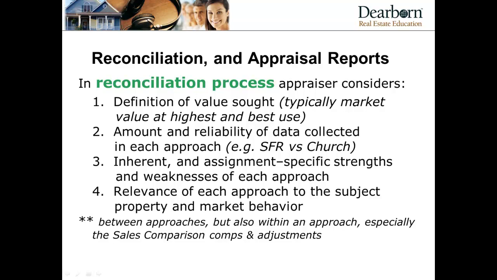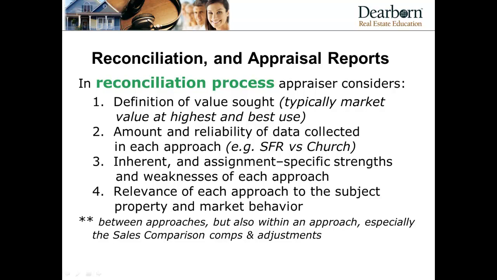A church or a special purpose property would be a different situation, where you typically wouldn't find a large number of recent comparable sales, but you could approach it as if the church was being built today, looking at what would be the value of the land in that location, and then what would be the value of the improvements as built and depreciated to their current effective age.